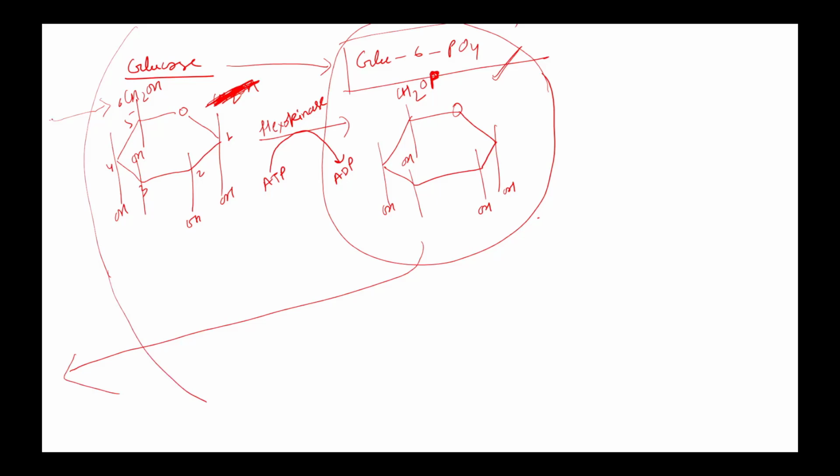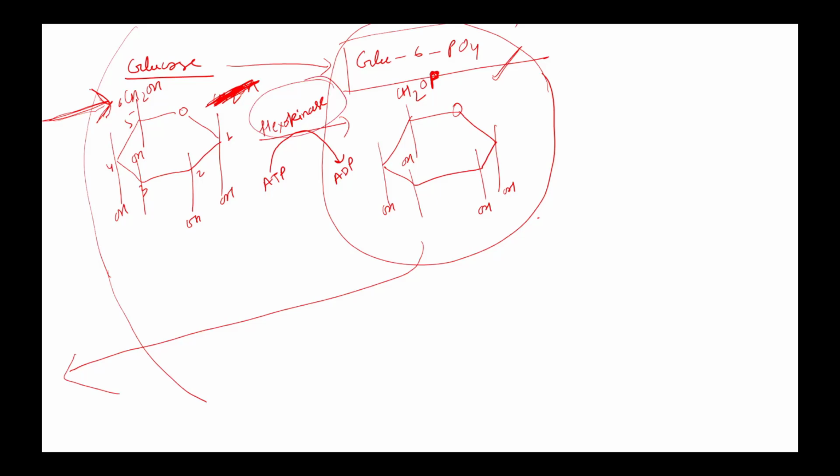Once the glucose enters inside the cell, our cell tries to trap the glucose inside our tissues and cells. So that is why this step is very important, and this charged glucose cannot go back across the cell membrane to come out of the cells. So this is the trapping of the glucose using the hexokinase enzyme.